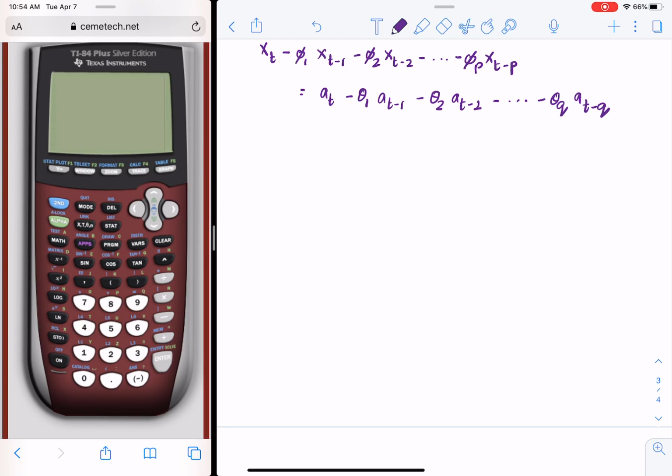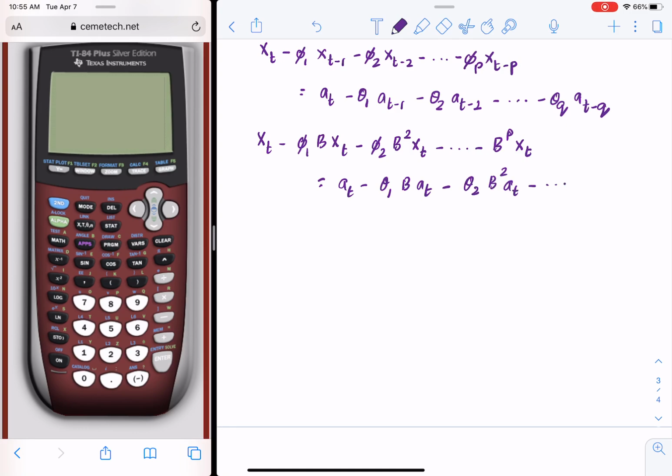Let's apply the backshift operator. We would have xt minus phi1 B times xt minus phi2 B squared times xt all the way up to B raised to p xt equals at minus theta 1 B times at minus theta 2 B squared times at all the way up to theta q B raised to q at.